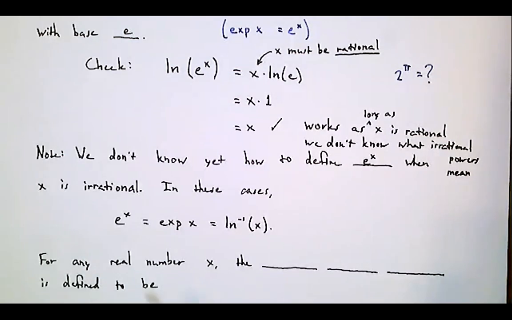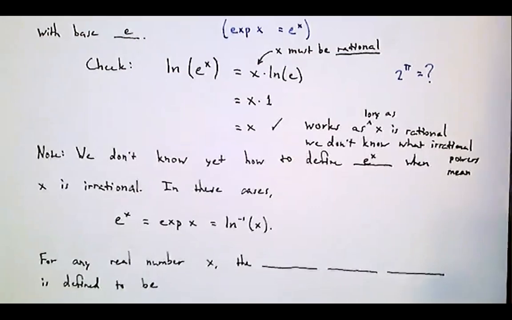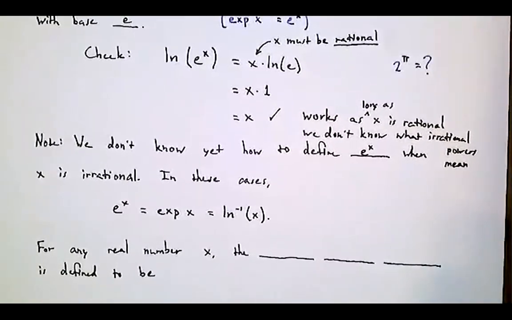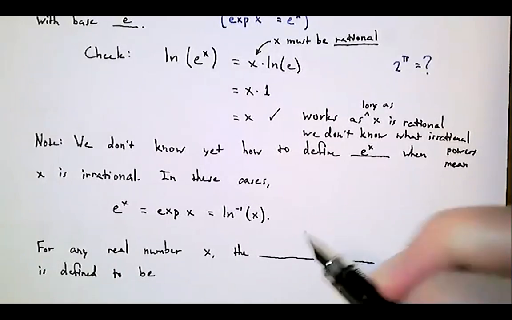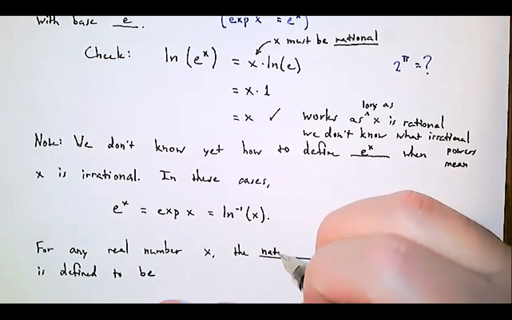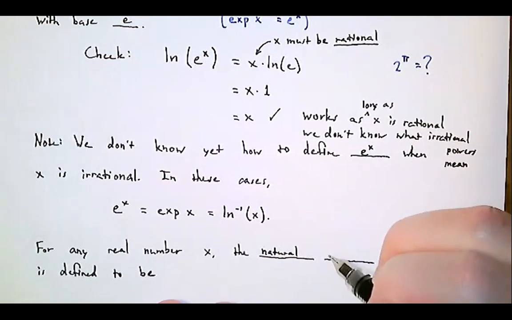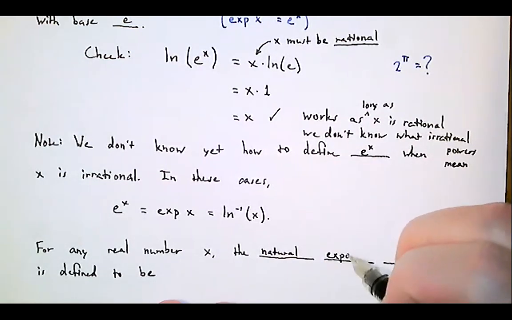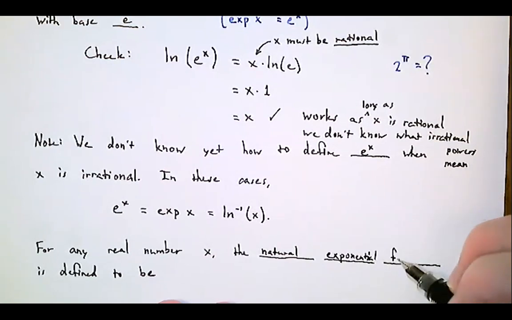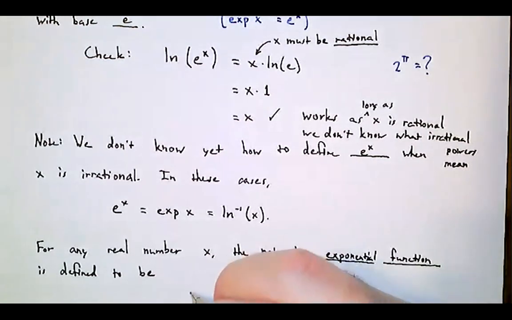And that gets us to this final part of our little definition here. For any real number x, the natural exponential function is defined to be e to the x.